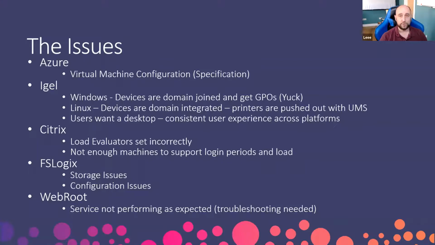The storage was just struggling to keep up with the number of operations it needed to perform in order to merge VHDs and load VHDs. We'll dig into that too. And there were a few configuration issues there. The proxy service was the lowest priority out of the lot because it did work, it was just slow, and it wasn't performing as expected. It should have been quicker.